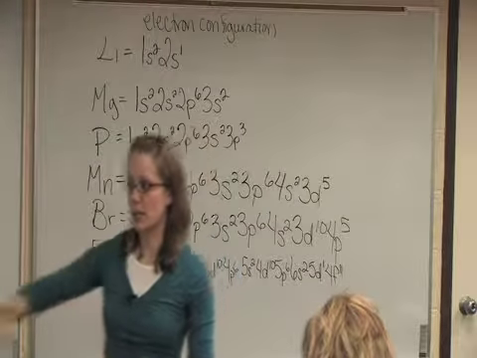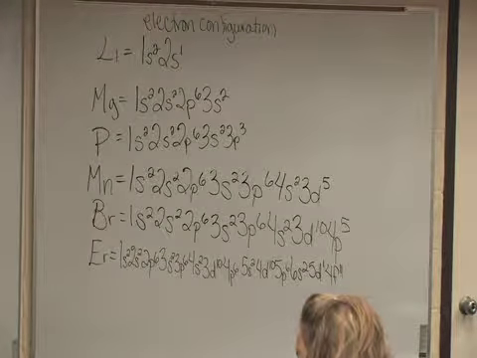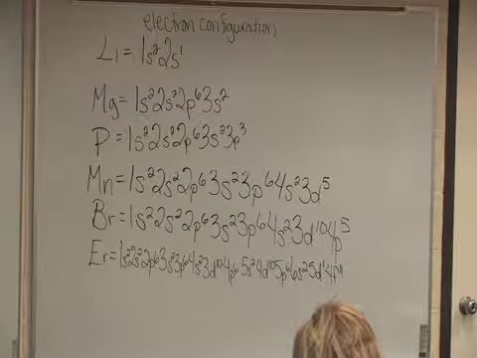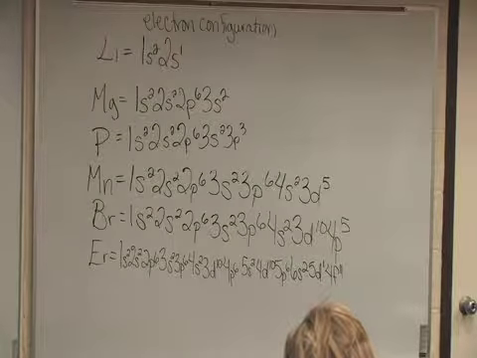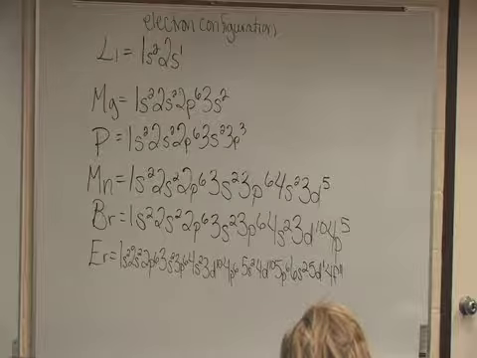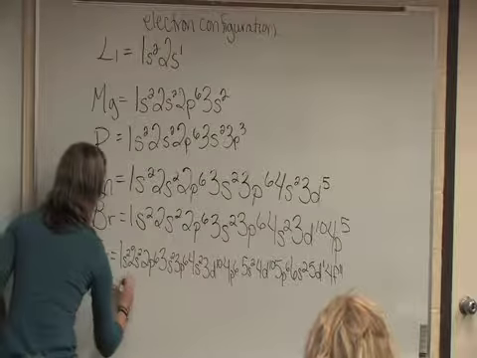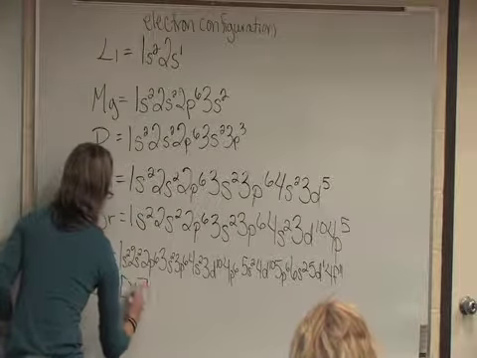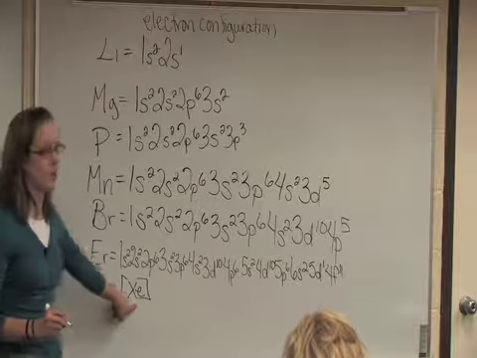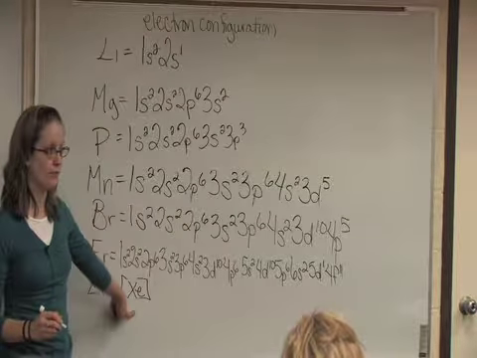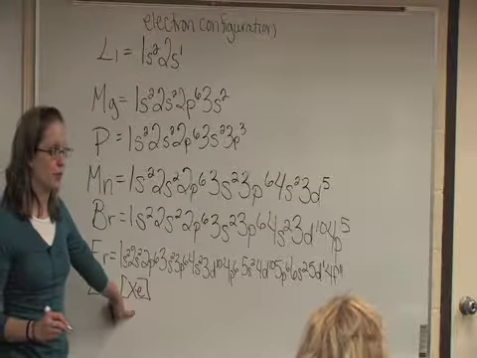So if we're looking at erbium, erbium would fit in the second row from the bottom. So the noble gas that's full before it is xenon. So the shortcut is to put xenon's symbol in brackets, saying instead of starting all the way at hydrogen, we're starting at xenon, and just go from there.